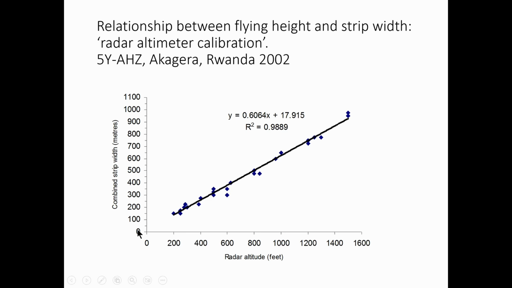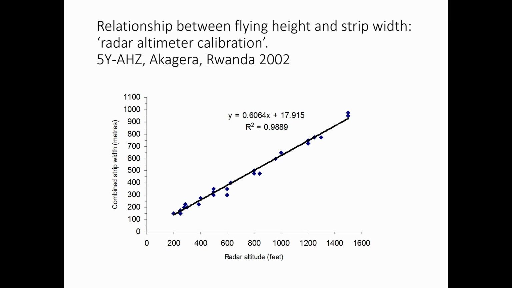Yeah, and this is a survey that we were doing in Rwanda. And we were flying then at, I think we were aiming for 400 feet. And we had a combined strip width at 400 feet of about 280 meters, 140 meters strip width each side.